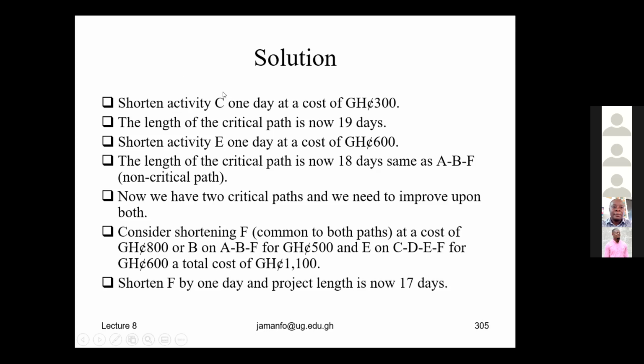If we take 1 day off activity C, we'll do so at a cost to the company of 300 Ghana cedis. And that will lead to us shortening the critical path by 1 day to 19 days.